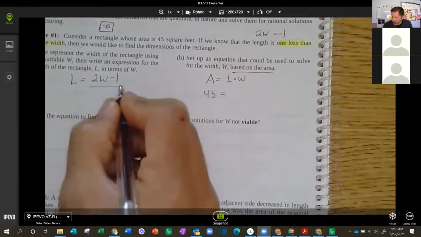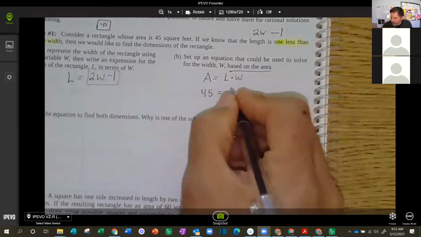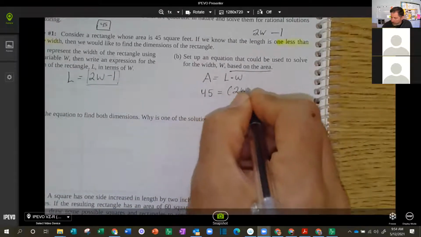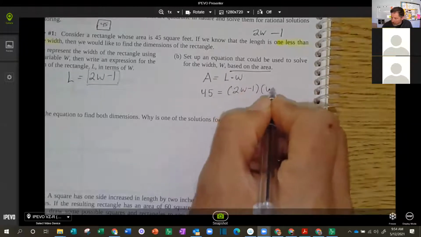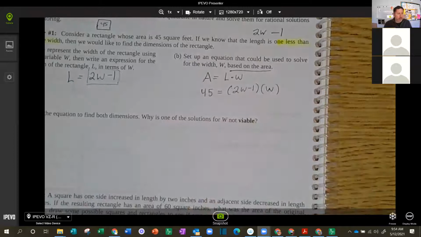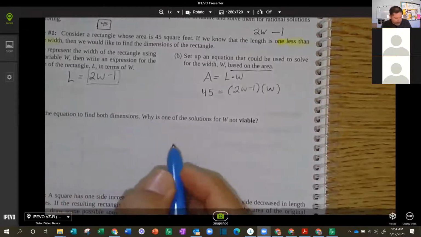Length is equal to 2w minus 1. And width is equal to w. I could say I'm done here, and I'm mostly done. What I've done is set up an equation, but I didn't solve it. You can guess what we're going to do next. So let's go ahead and do that. Solve the equation and find both dimensions.